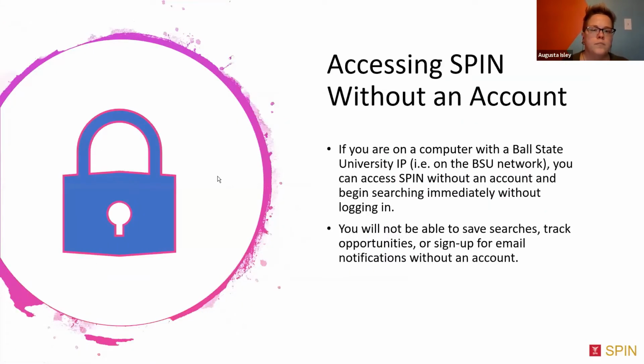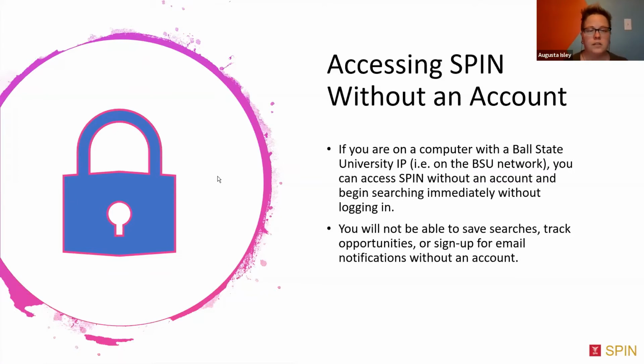So like Pivot and like many other softwares, it is IP accessible on the BSU network. What that means is, so long as you're logged into BSU Connect or BSU Secure on the Ball State network, SPIN will work even if you don't have an account.